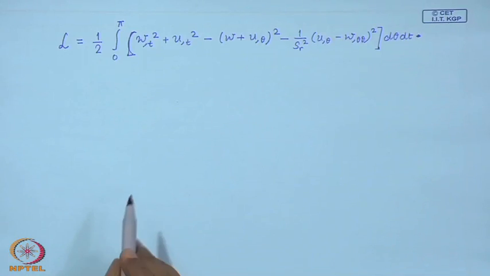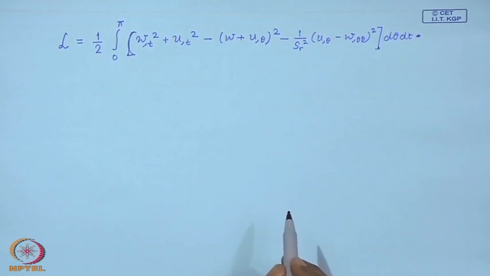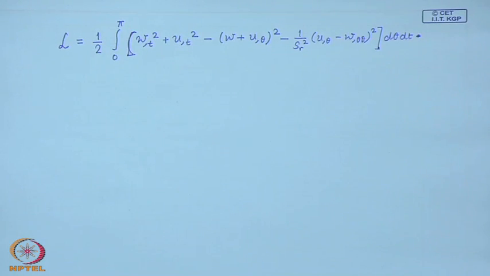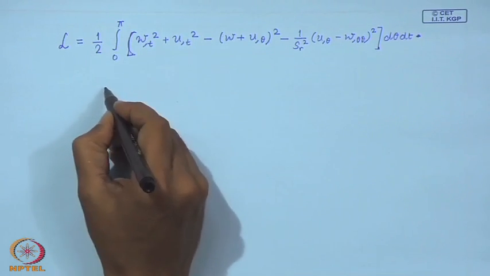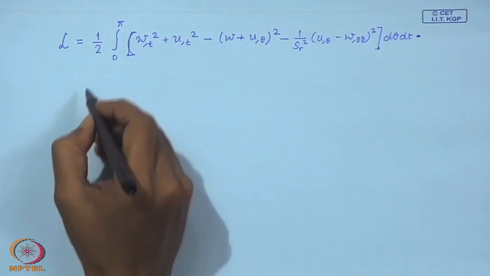So, we substitute these expansions here and do the integration over theta, and finally, we obtain the discretized equation of motion in terms of these coordinates a.